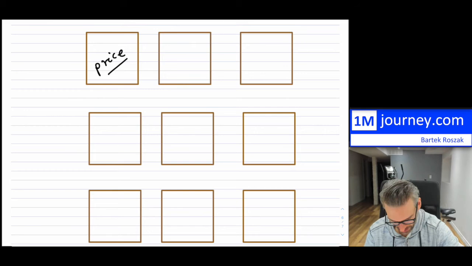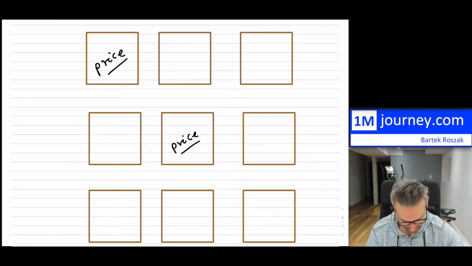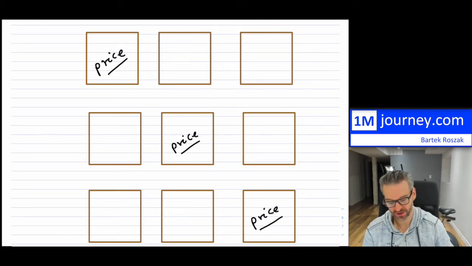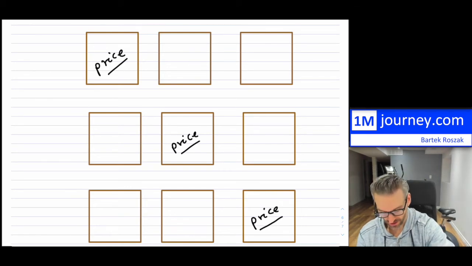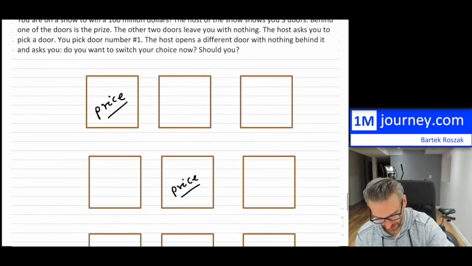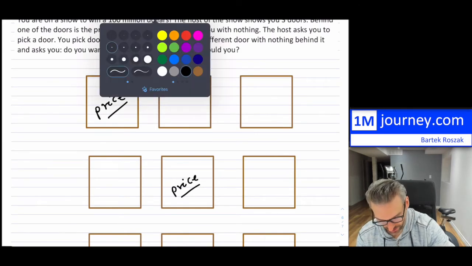Of course, it could be behind door number 2, or it could be behind door number 3. You don't know where it is because the doors are closed. So let's say that you make a choice, and I'm going to break this down into a table.